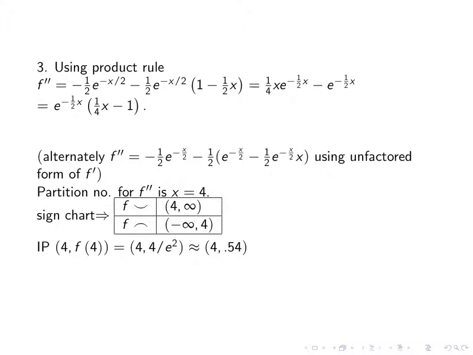So that point on the graph is 4 over e squared, which is approximately (4, 0.54). The detail on that computation for f of 4 is gotten by plugging x equals 4 into the original function, so you get 4 e to the minus 2, which is the same thing as 4 over e squared, which you calculate to be 0.54 to 2 decimal places. Often you'll just be asked for the x coordinate, x equals 4, for the inflection point.